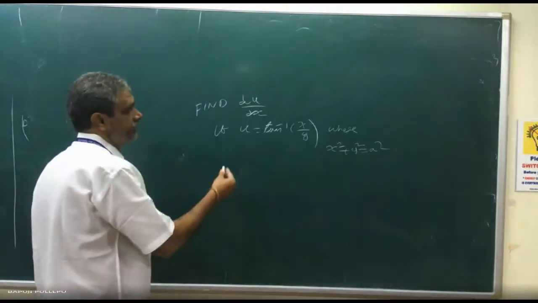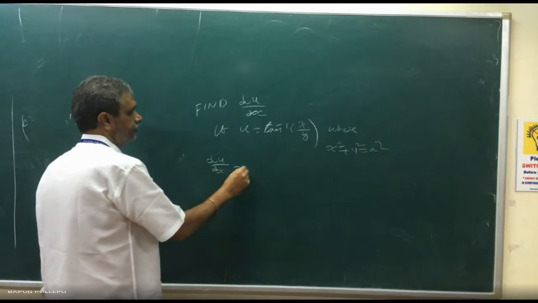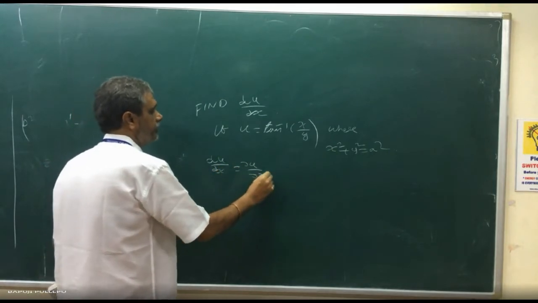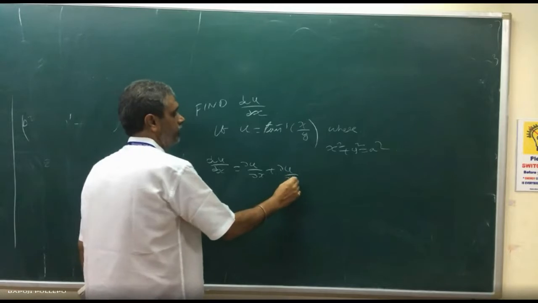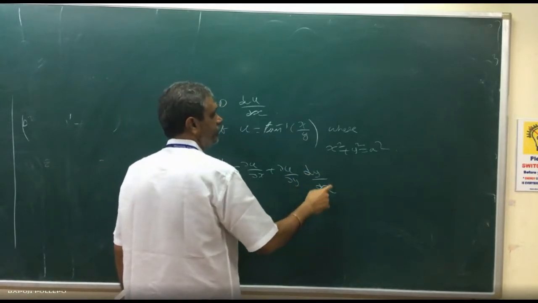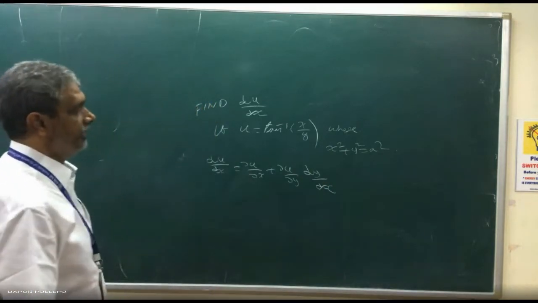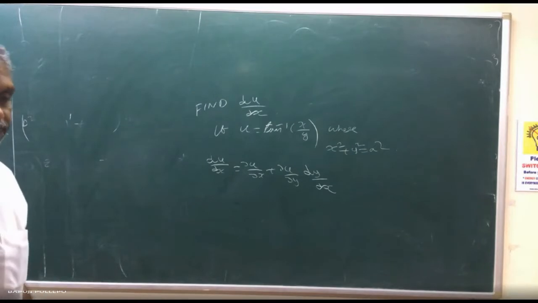One condition is given, so du by dx formula is what? Dou u by dou x plus dou u by dou y into dy by dx. This dy by dx we get from this condition f of x, y. Now find out. Come on, do.